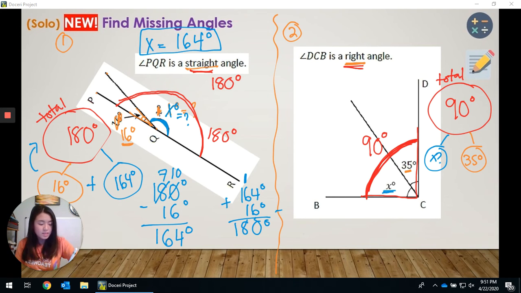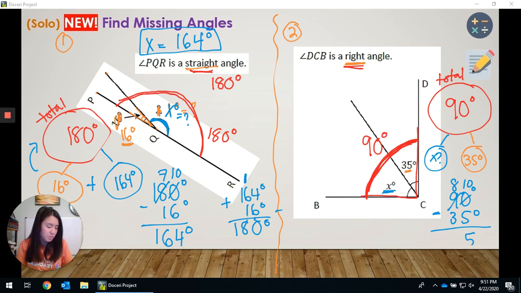Okay. Same thing, you should have realized I'm looking for a part, so that means I need to subtract. 90 degrees subtracted by 35 degrees. We're not ready to subtract. We have to regroup. After we regroup, we subtract, and we should get 55 degrees.